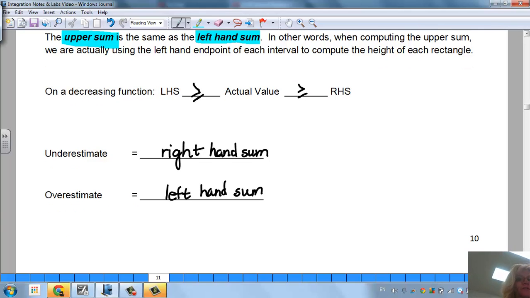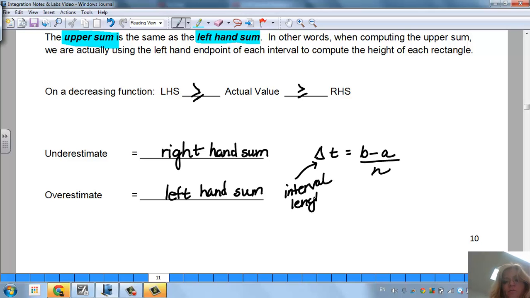We learned interval length. Our interval length, which is our delta t, we found using the formula b minus a all over n, and let's label everything. Delta t is our interval length, which is how wide our rectangles were.